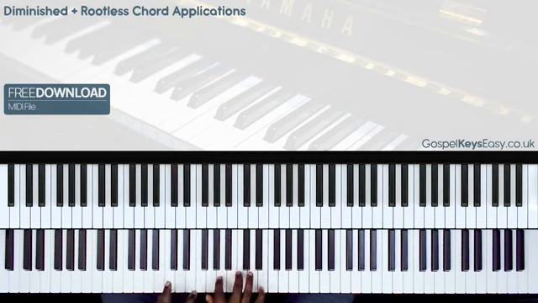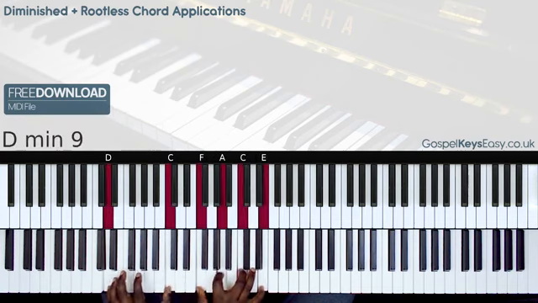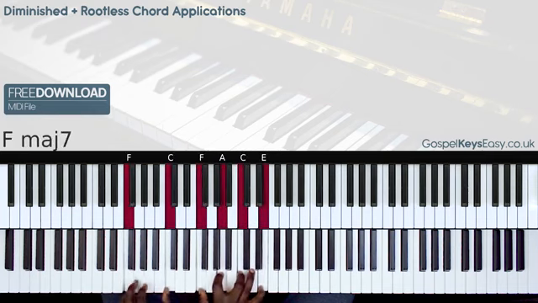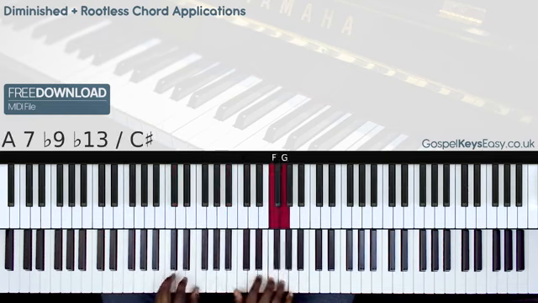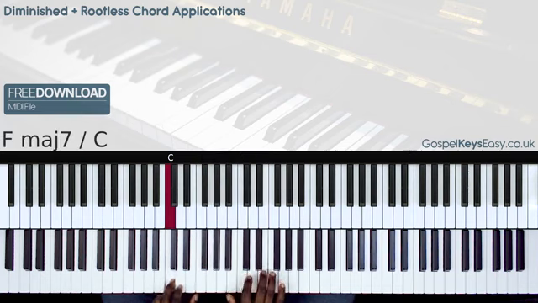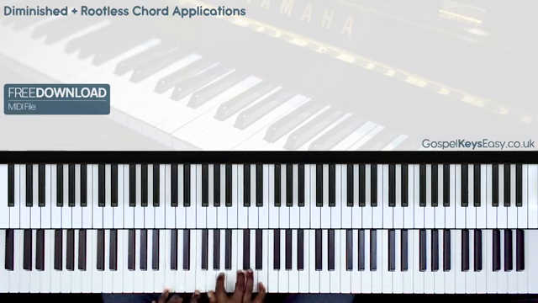So when we have a chord like this, you can play the 2 or the 4. It's kind of hanging in between. So we have that chord C, F, A, C, E.